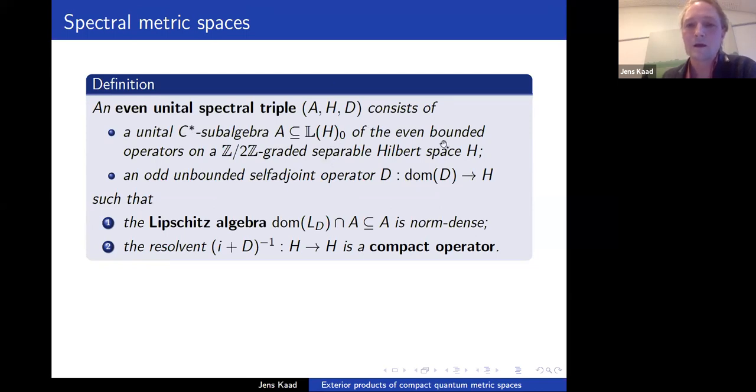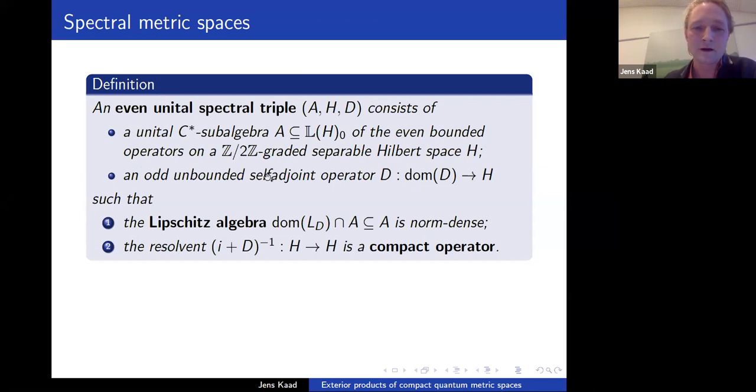I also want my Hilbert space to be Z mod 2Z graded. I want to look at even unital spectral triples. So H splits up as a direct sum, H plus direct sum with H minus, and all operators in A have to be even. So they are diagonal with respect to this direct sum decomposition.